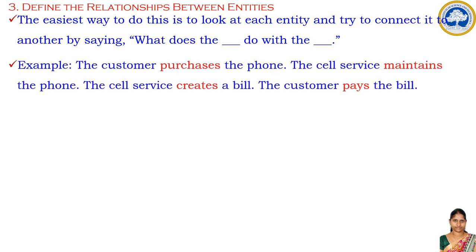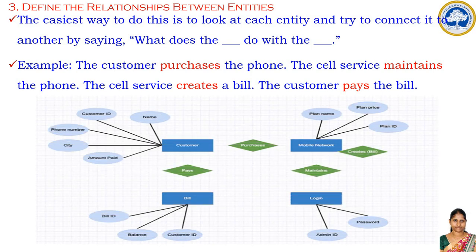For example, the customer purchases the mobile, self-service maintains the phone, self-service creates a bill and the customer pays the bill. Here: purchase, maintains, creates, pays. These are called relationships. Now we can see it with our example. The diamond shape is always used for mentioning the relationship.